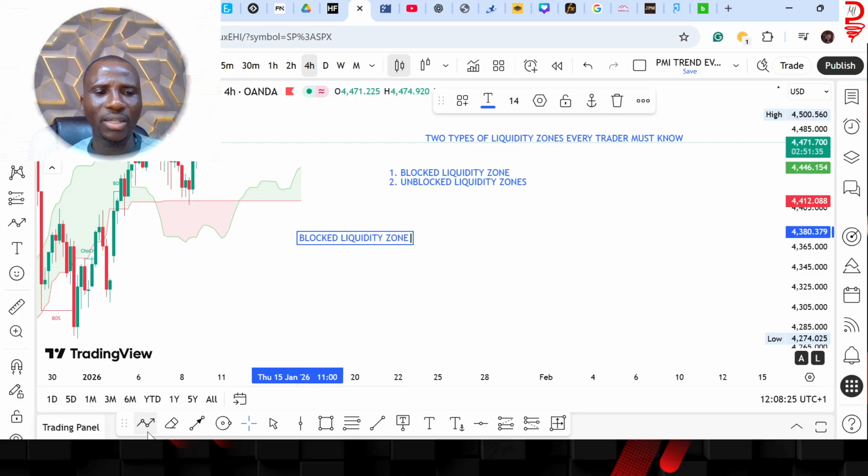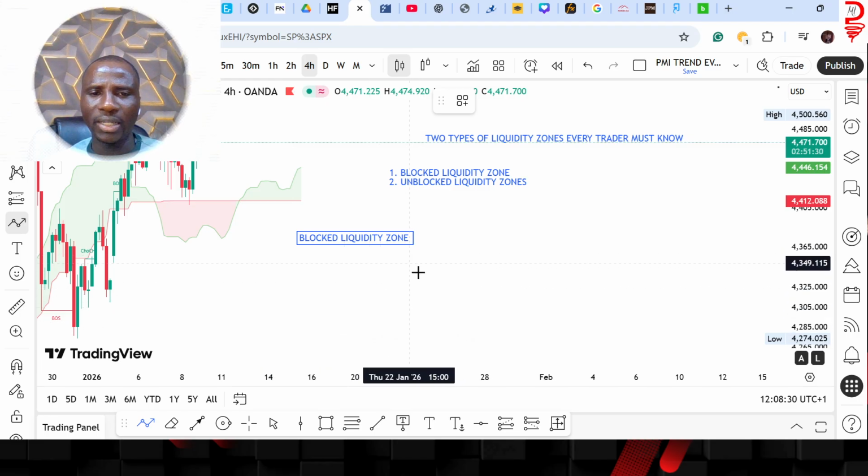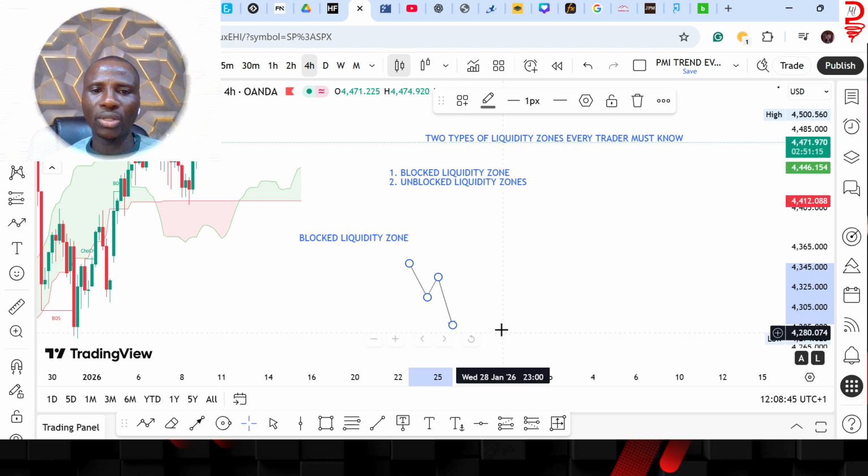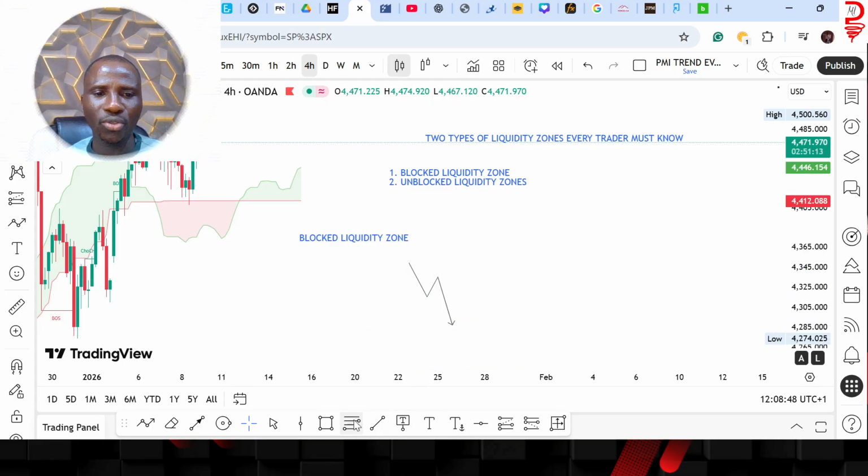Let's say you have a scenario where your trade is moving in a downward trend like this, and you notice a break of structure around this place, to the point that this break of structure created something that looks like an order block around this place, another block around this place.